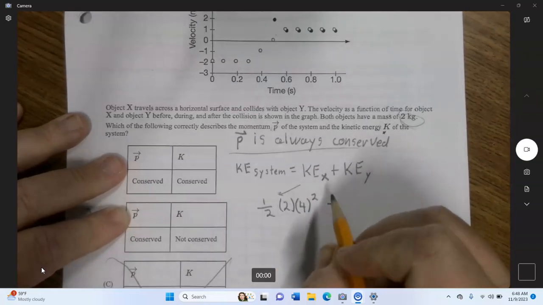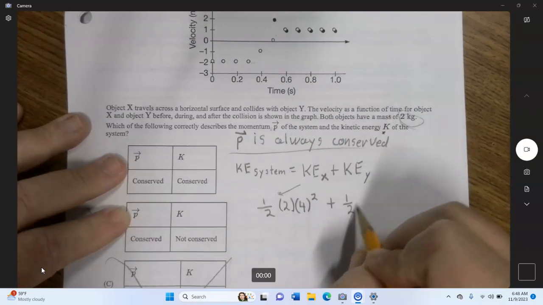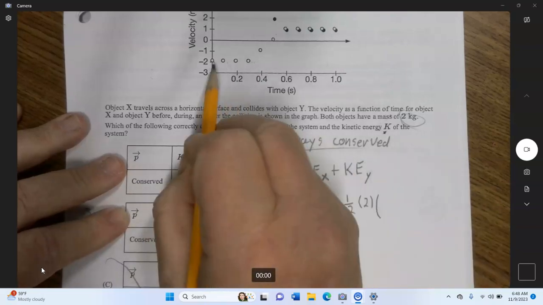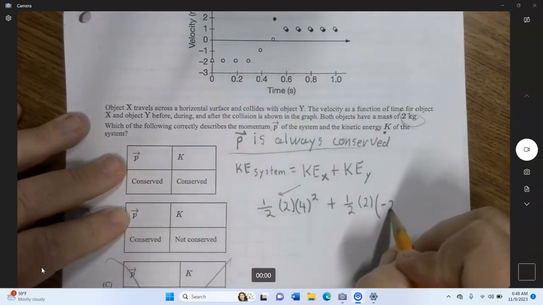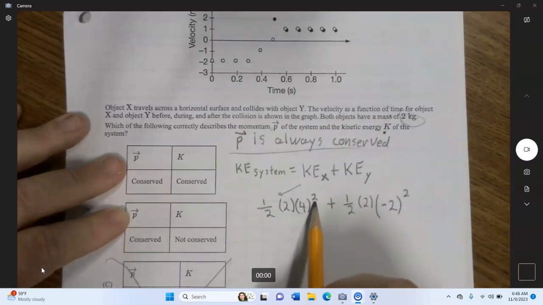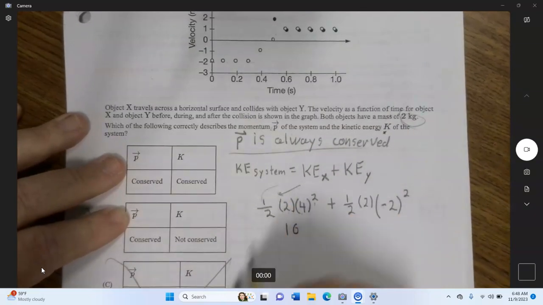Now you add that to the kinetic energy here, and it's 1/2. The mass is also 2, and the velocity is -2. And you square that. So 4 squared is 16, times 2 divided by 2 is going to give you 16 for this one.